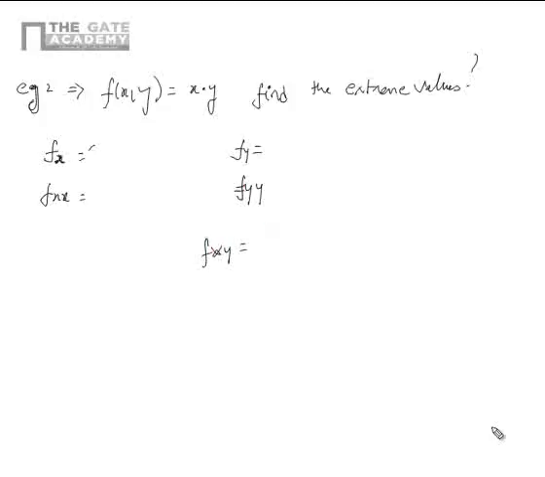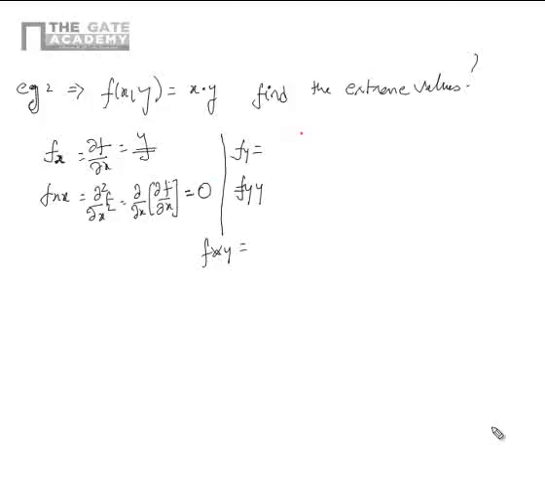What is fx? This is dou f by dou x, nothing but y. And fxx is nothing but dou by dou x of dou f by dou x. I am writing this every time so that we understand it very clearly without any confusion. Dou f by dou x is y. Y on partial differentiation with x will give me 0.